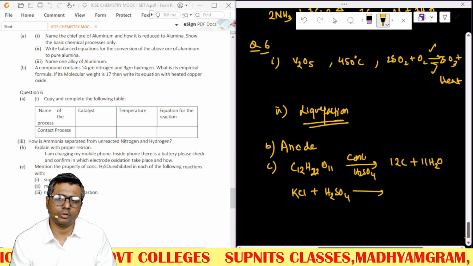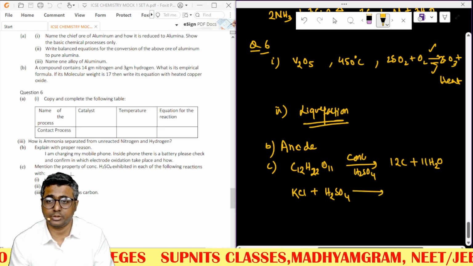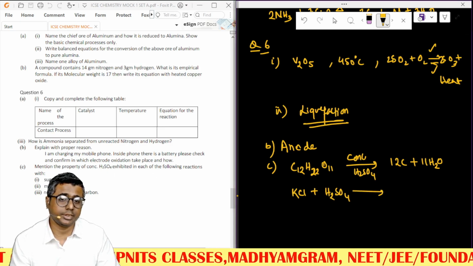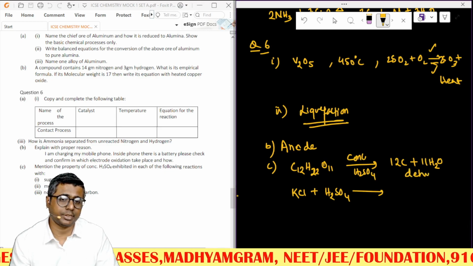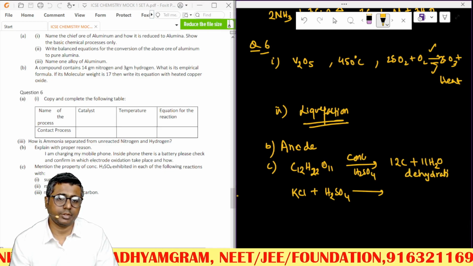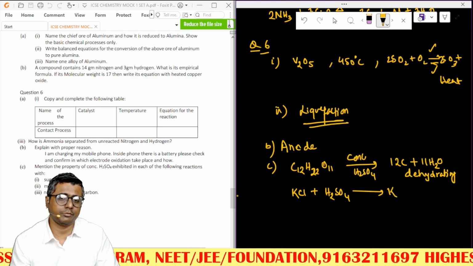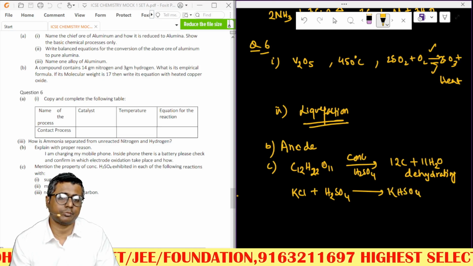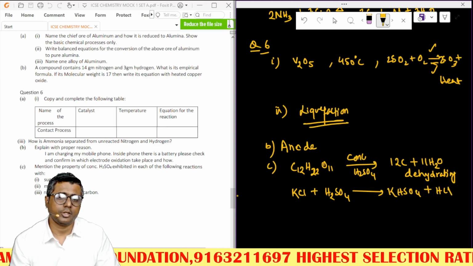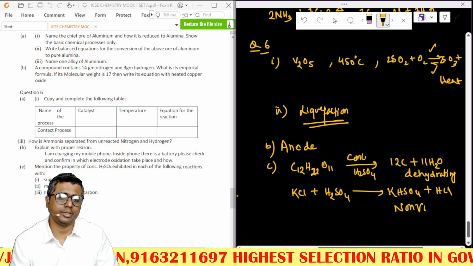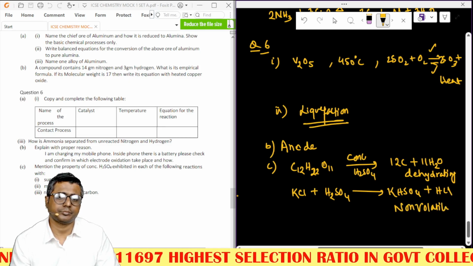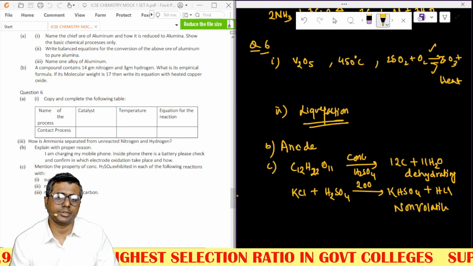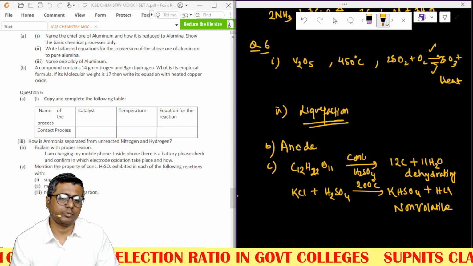This will show the non-volatile property. Here it is also asked what is the property of concentrated H2SO4. This one is the dehydrating property. This will give KHSO4 plus HCl, at 200 degrees Celsius, the non-volatile property.